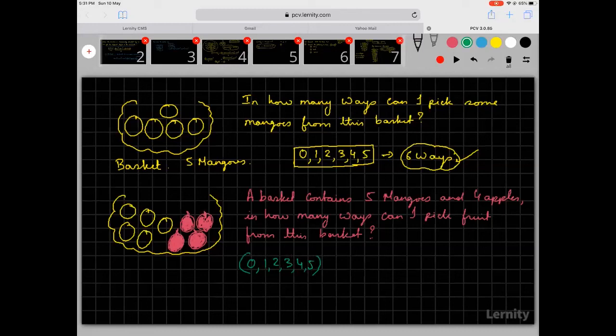And I may pick up 0 apples or 1 apple or 2 apples or 3 apples or 4 apples. So here there are 6 ways and here there are 5 ways. So do you see that I could pick up things in 30 ways?